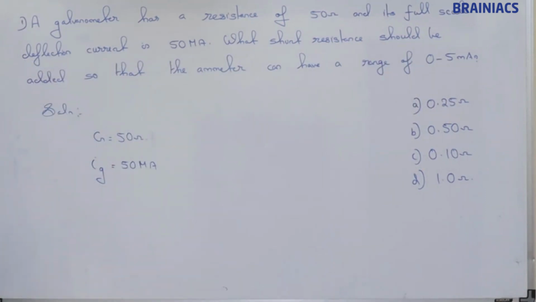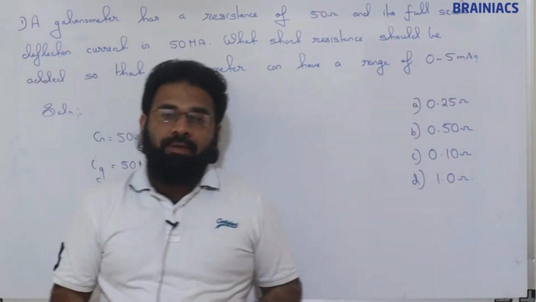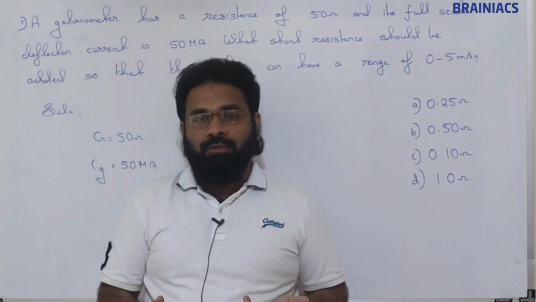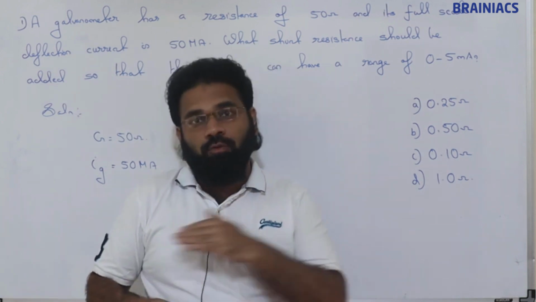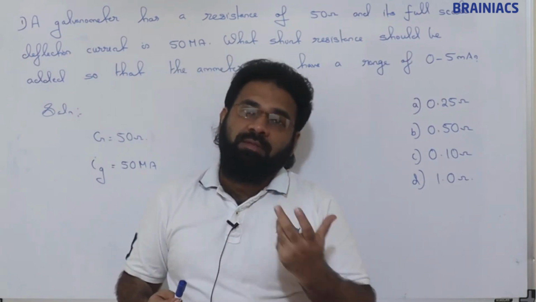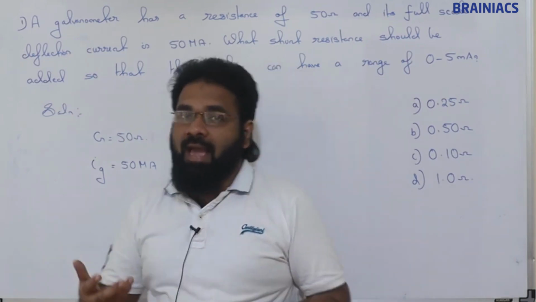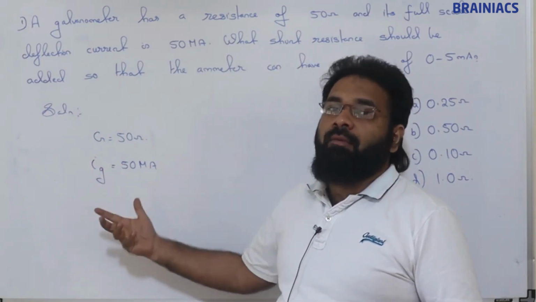5 milliampere is the maximum current that can be measured. That is the current passing through the circuit. The current that can be passed through the galvanometer is given as Ig, the maximum galvanometer current.